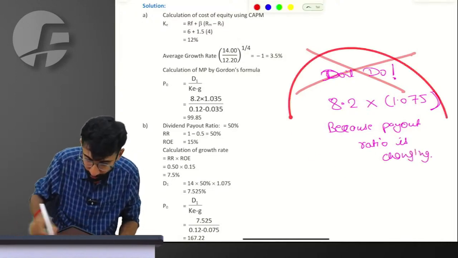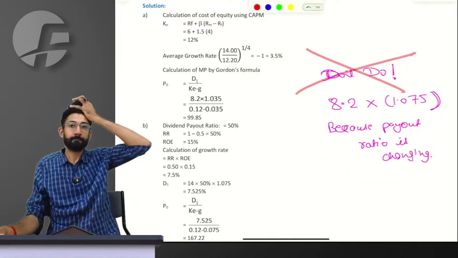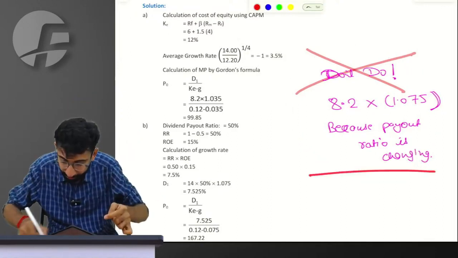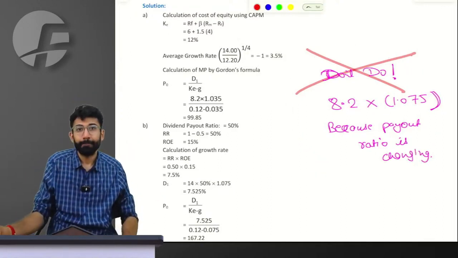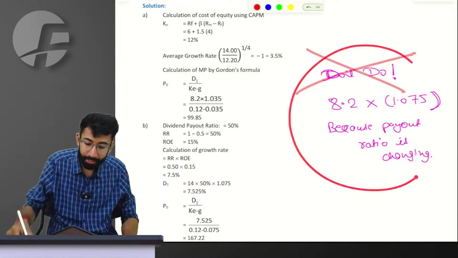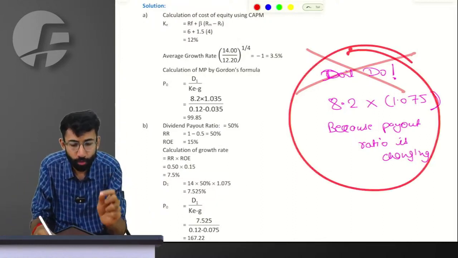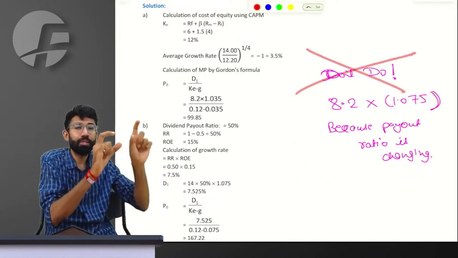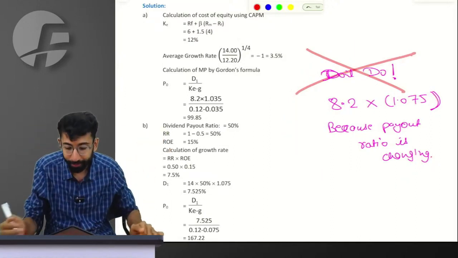Because payout ratio is changing, this concept gets applied here. So what is the solution to this? The solution is that from E0 you go to E1, and from that you go to D1.